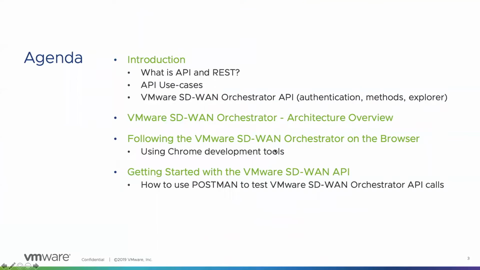So in terms of the agenda, what we're going to cover today is really an introduction to what an API is and REST. We're going to see some API use cases in regards to SD-WAN and our orchestrator. We're going to go a bit deeper into the API, see how we authenticate, the different methods, our API Explorer where we can get documentation, and an extremely high level overview of the VMware Orchestrator in regards to the API in this context.